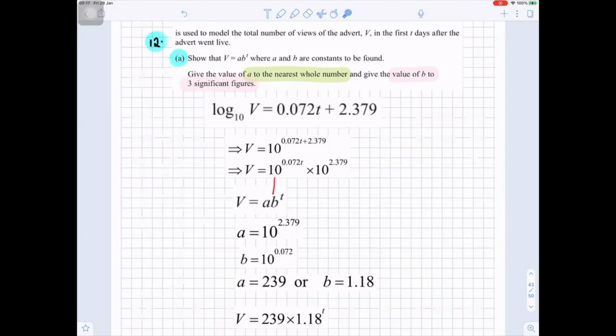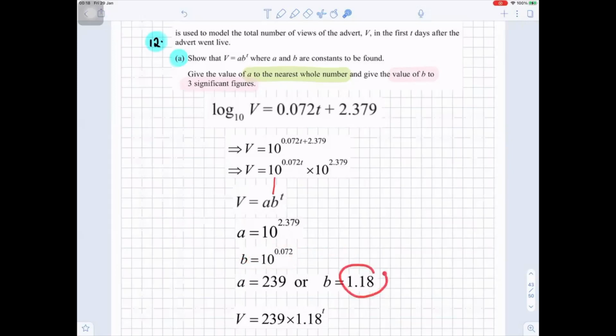And we can compare this with V equals A times B to the power t. So 10 to the power 0.072 is the same as B, and 10 to the power 2.379 is the same as A. Put this in the calculator, you get A to be 239, and you get B to be 1.18.